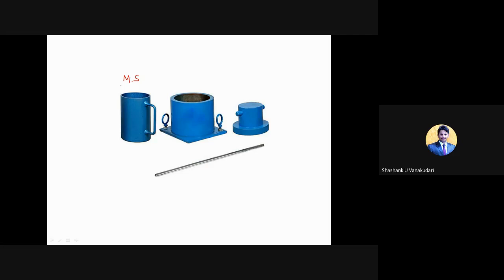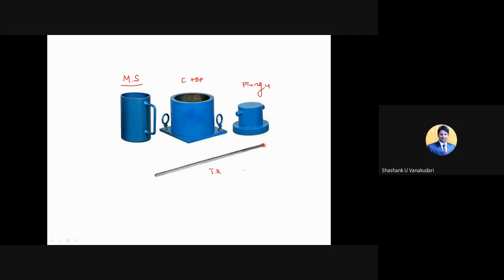This is the measuring cylinder, and this is the cylinder with base plate, clear? And this is the plunger. And this is the tamping rod having a length of 600 mm and a diameter of 16 mm, 1.6 centimeter.